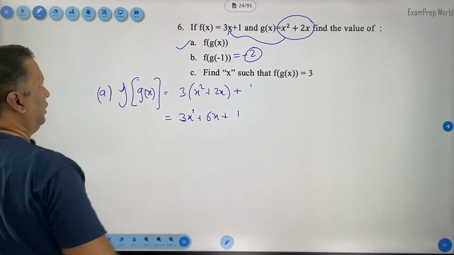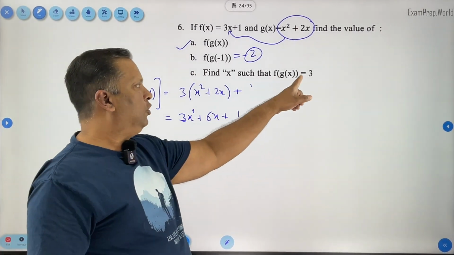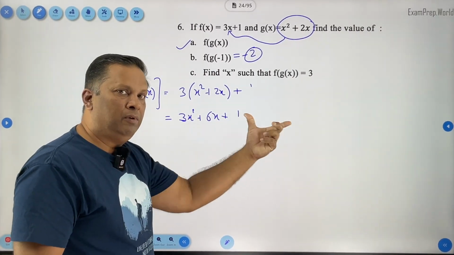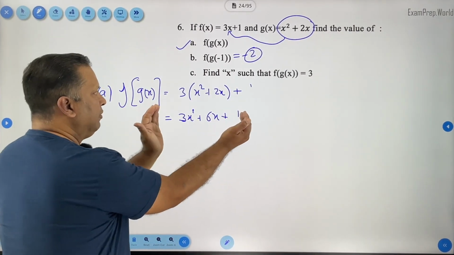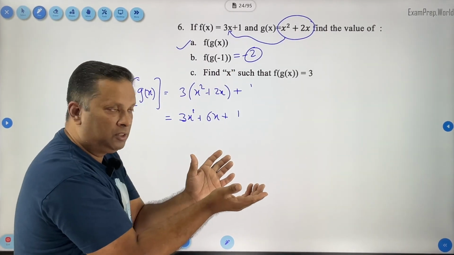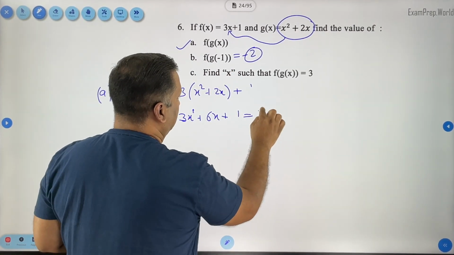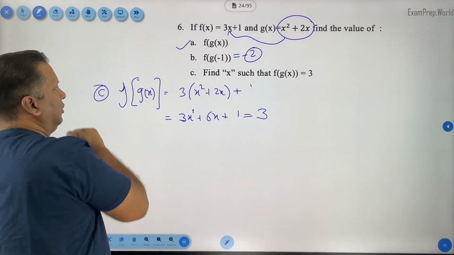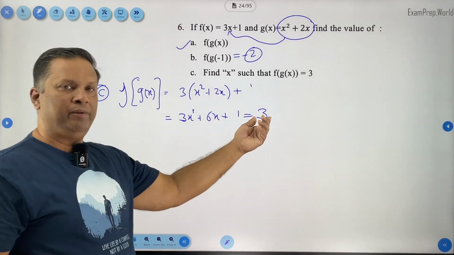Right. Now they are telling f of g of x is 3, that means this expression is equal to 3, right? It is already f of g of x, this one. See, they are telling we have to find x such that that is equal to 3. Now we are doing the C part, right? I'm using the same expression, I'm equating it to 3.